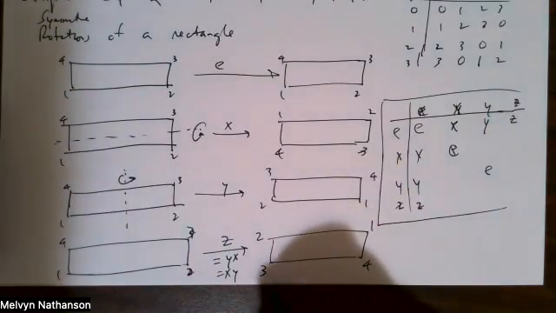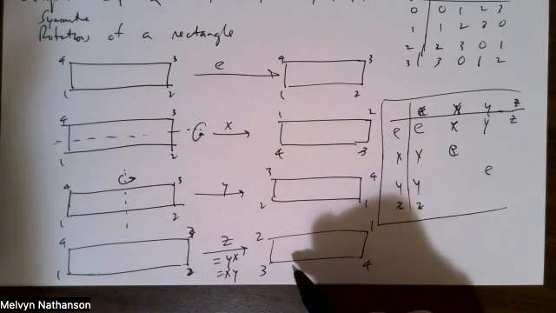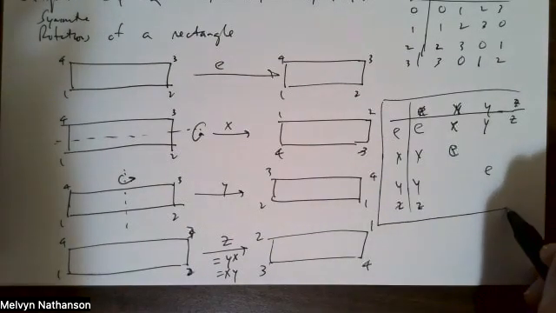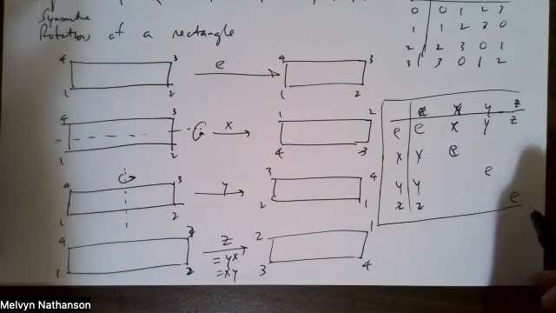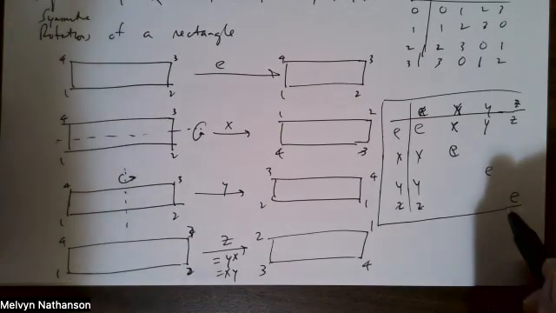If you perform Z, you do a horizontal flip, then a vertical flip, and then a vertical flip, which cancels the vertical flip, and then a horizontal flip, which cancels the horizontal flip. Z times Z is also E. So down the main diagonal of this table, we have the identity.